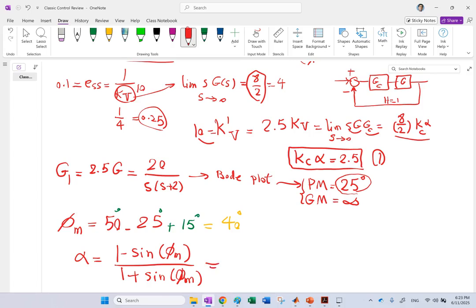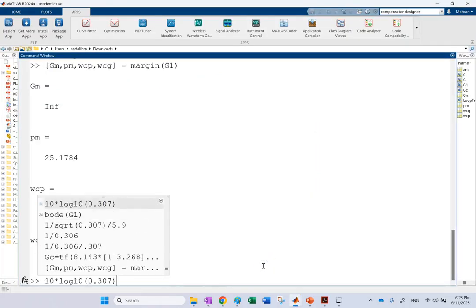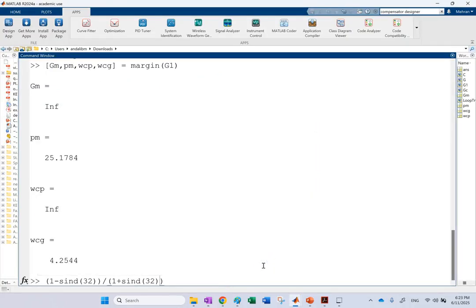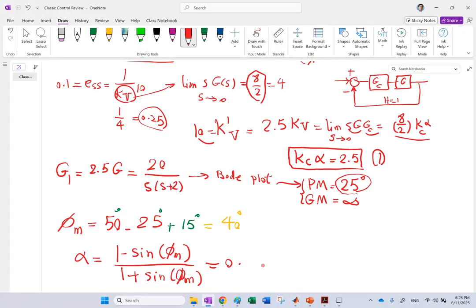So now I need to say 1 minus sine 40 divided by 1 plus sine 40, and that should give me the alpha number. So let's see. Okay, 0.217 is my alpha, and this number should definitely be less than 1.